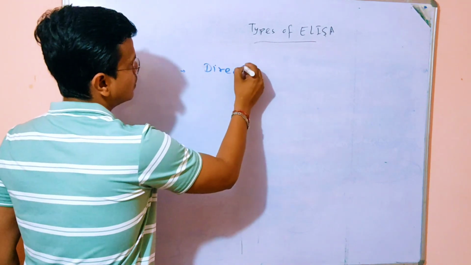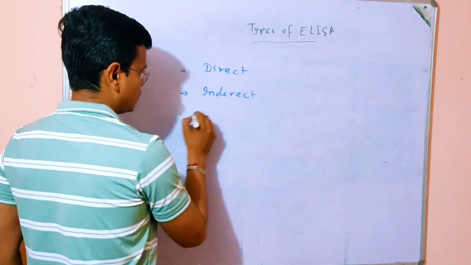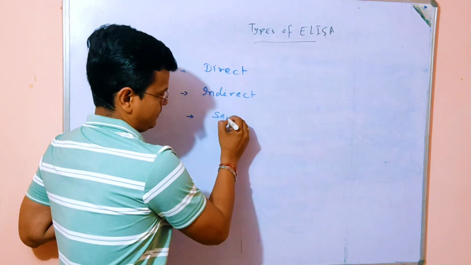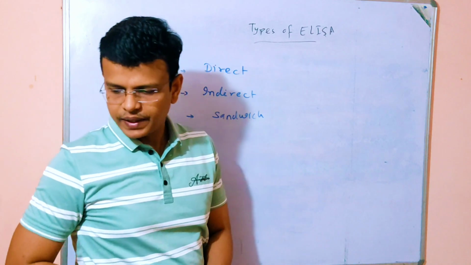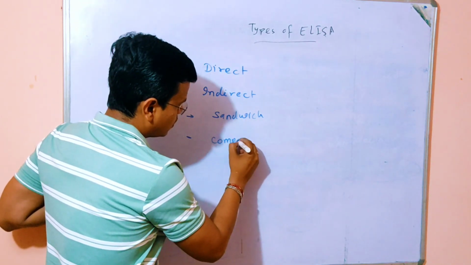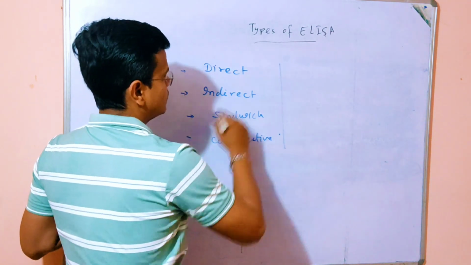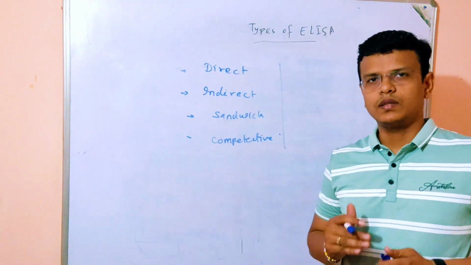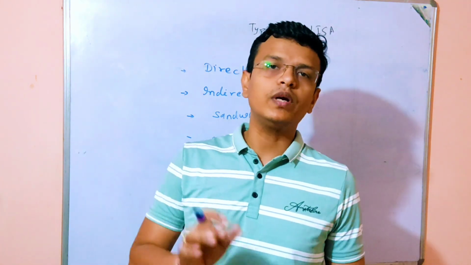Direct ELISA, indirect ELISA, sandwich ELISA, and competitive ELISA. These are four different types based on their methods, and each type has unique applications and its own advantages.